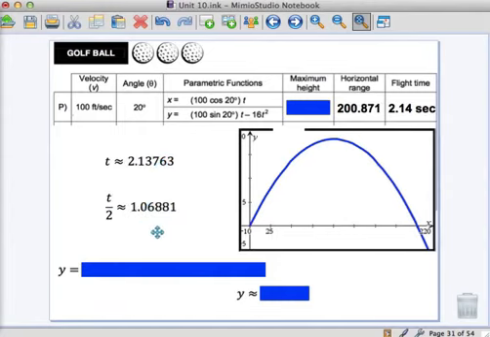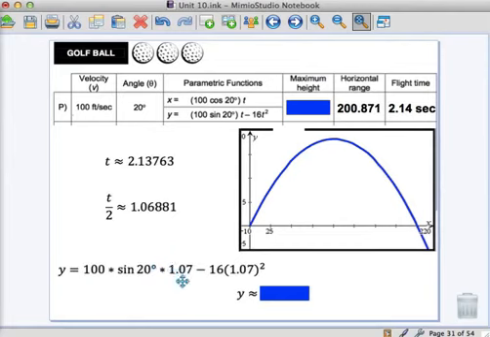When you do that, you get approximately 1.07, let's say. Now let's plug this into my y equation, replacing my t with 1.07. I just plug it all into my calculator, and I find out that my y value, my maximum height, is approximately 18 feet, and that gives me my maximum height, okay?